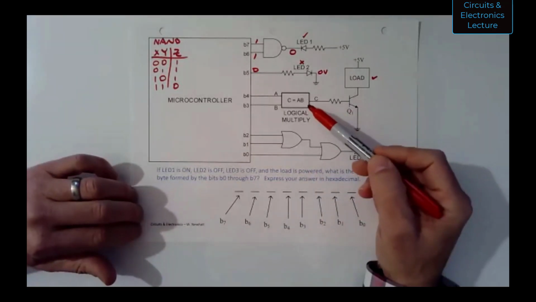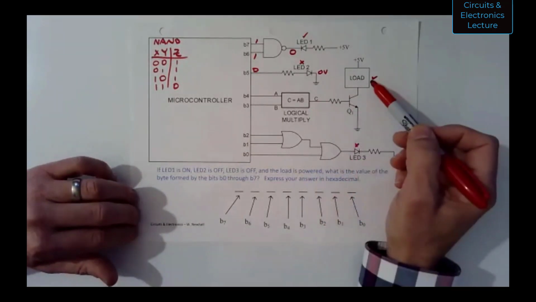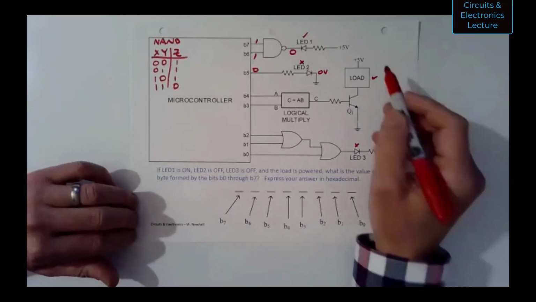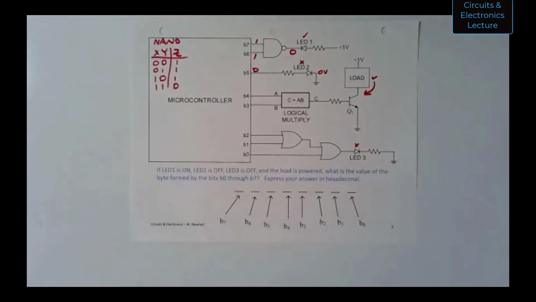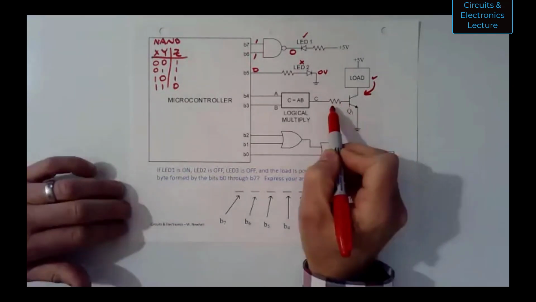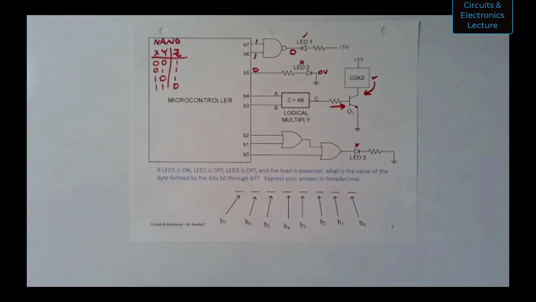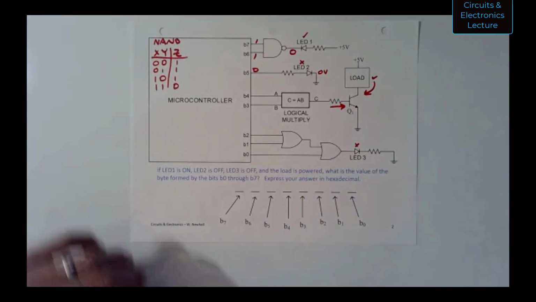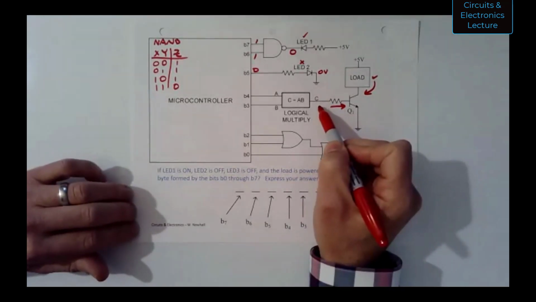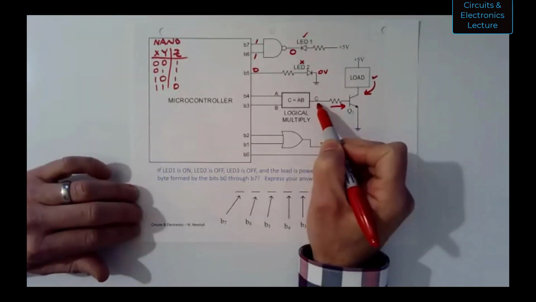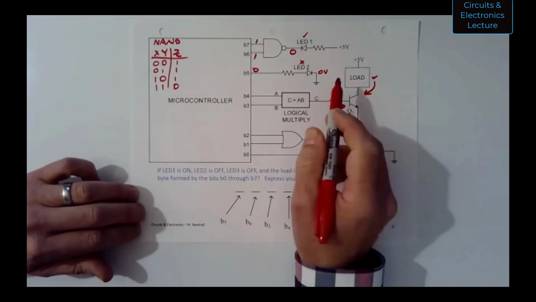Let's see. Let's go down to the load. The load is on. So if the load is on, that means I have collector current flowing. That means I have base current flowing into that transistor. That means that I need some voltage other than 0 at this logical variable C here.